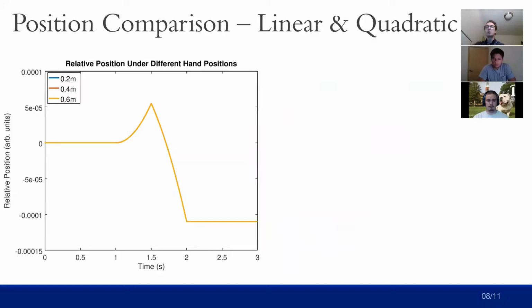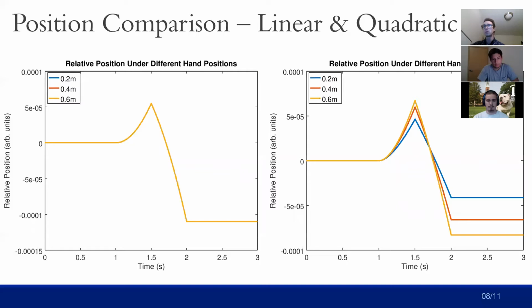Another thing we looked at is changing the hand positions. We said 0.2 meters or 20 centimeters was the extension you could get keeping your hands on the handlebars. 0.4 was putting your hands on the stem of the bike, and 0.6 would be putting your hands on the seat to get a full 60 centimeter extension. For linear here, we don't see any change, which is quite interesting and shows that linear is not a good fit for this force curve.